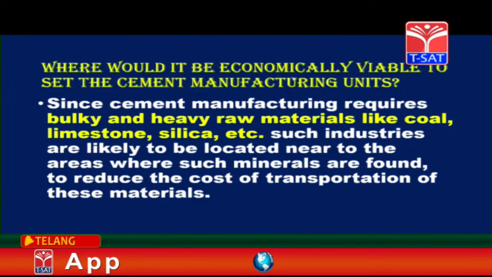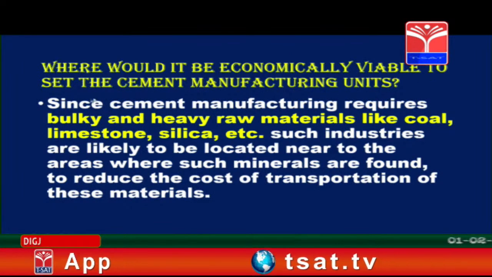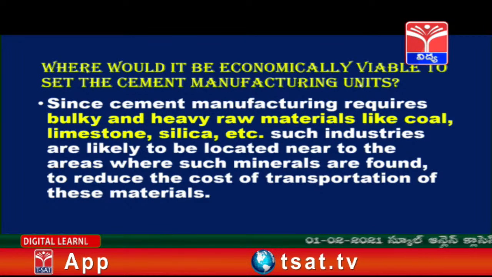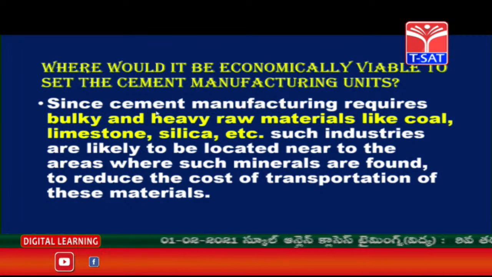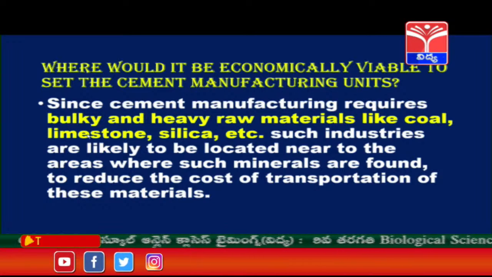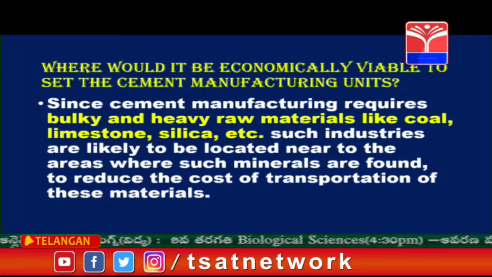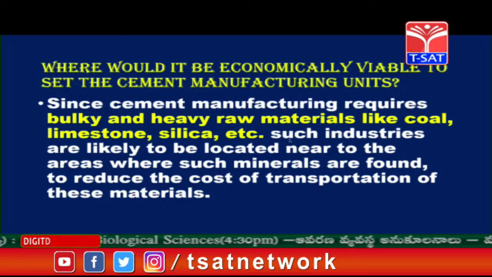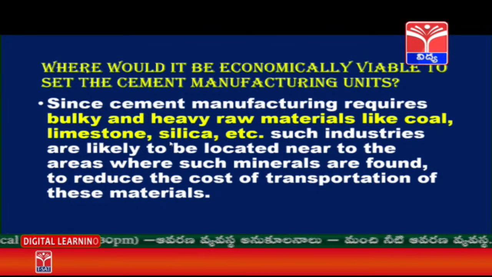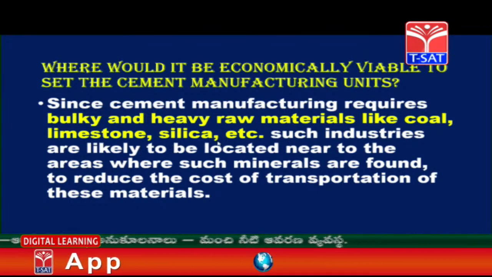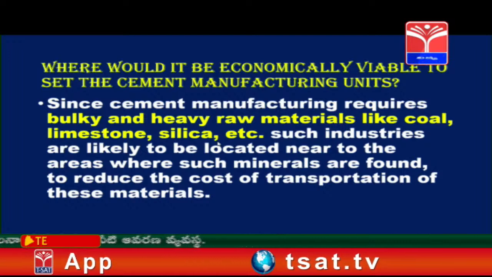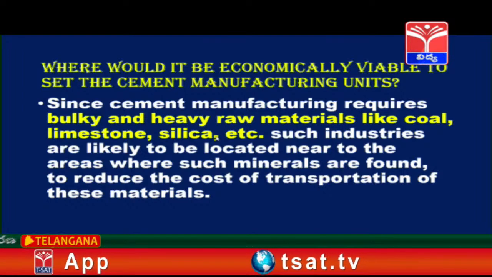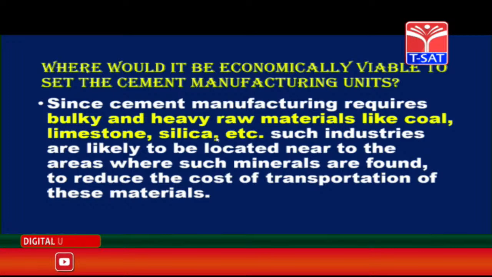Where would it be economically viable to set the cement manufacturing units? Since cement manufacturing requires bulky and heavy raw materials like coal, limestone, silica, etc. The raw materials used by the cement industry are very bulky, in large quantities they have to be used, and also heavy.